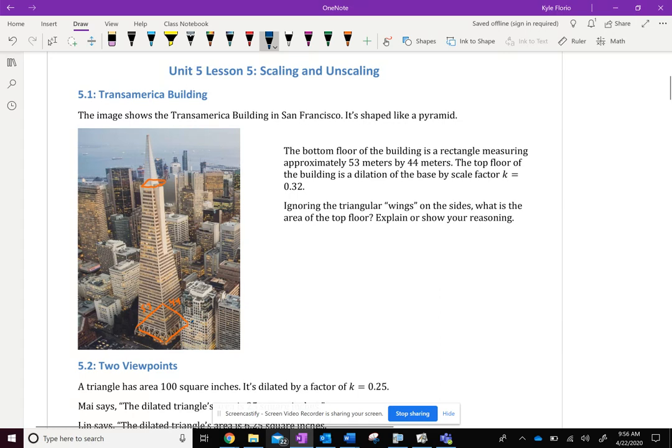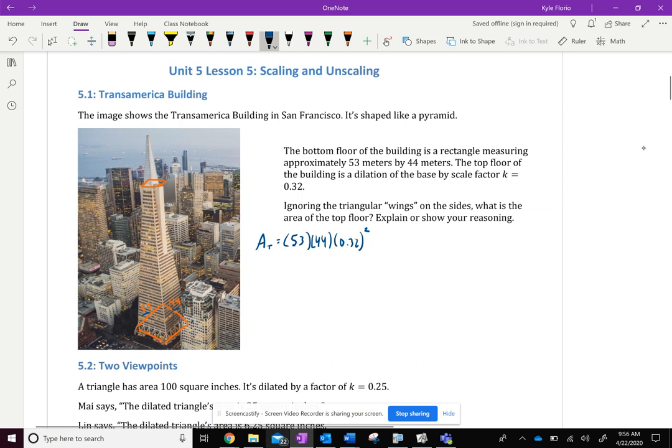If I wanted to find the area of the top floor, I just need to take the area of the bottom floor, which is base times height, 53 times 44, times the scale factor. The scale factor is 0.32, but I can't just multiply by the scale factor. I need to multiply by the scale factor squared, right? Both dimensions are being multiplied by 0.32.